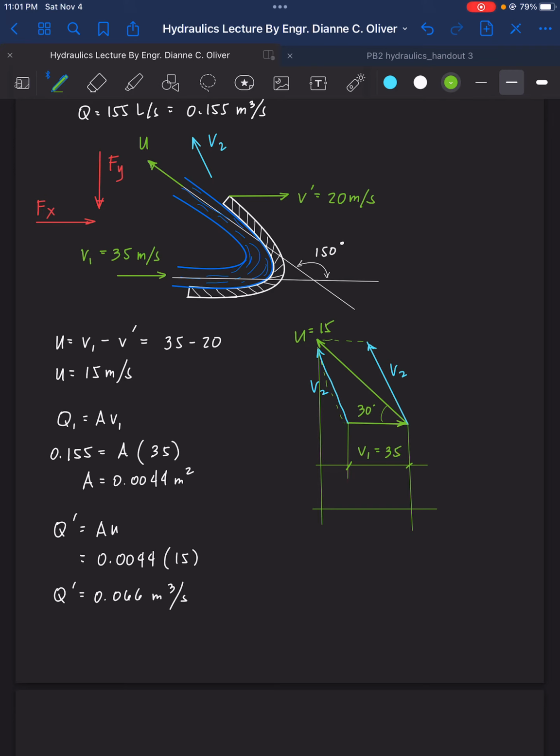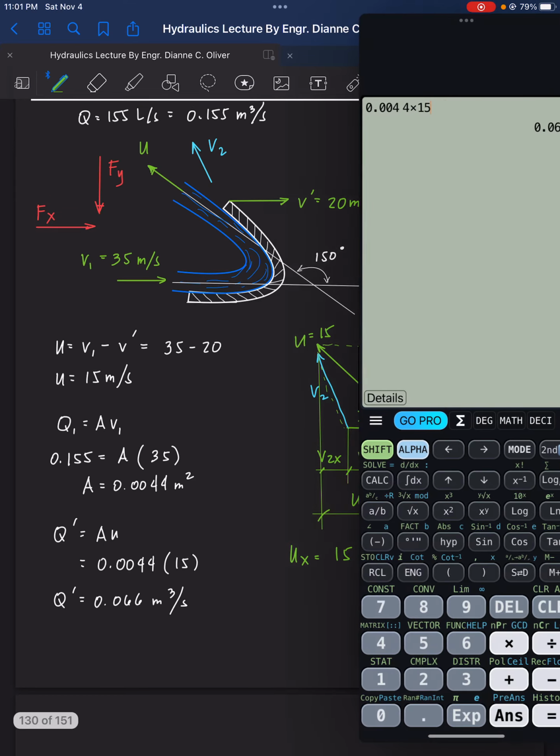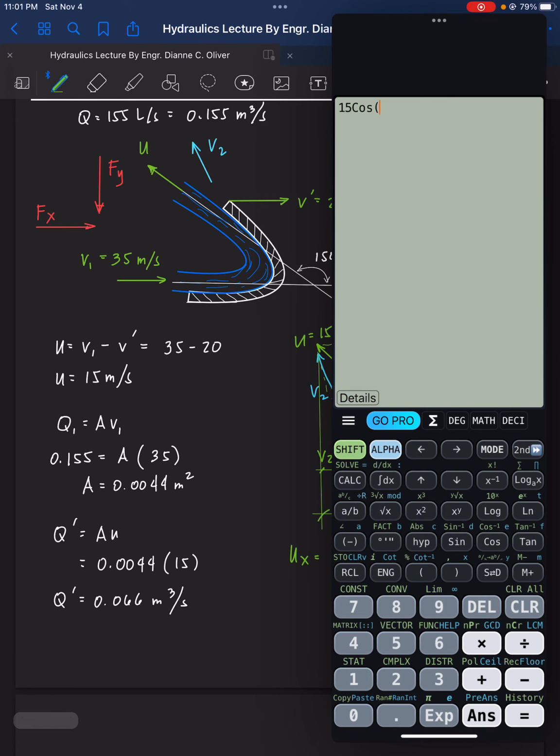Then this is our V2x here, and this is our UX. So what's the value for UX? UX is equal to 15 cosine of 30. So what is 15 cosine 30?